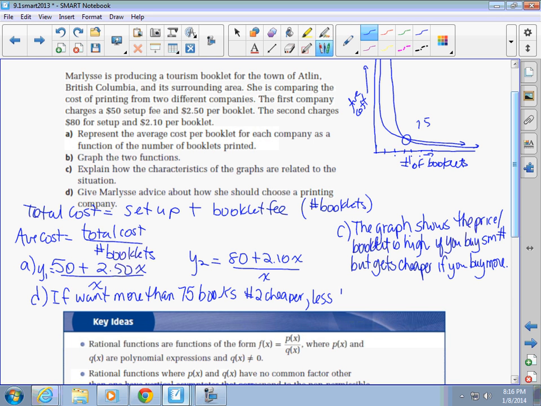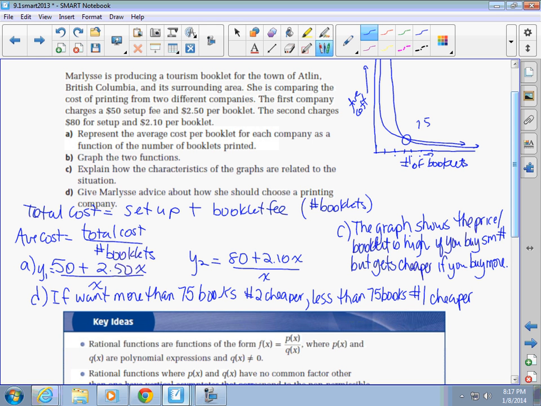If you want less than 75 books, company number 1 is cheaper as an average cost. So spending less on the setup fee and a little bit more per booklet is cheaper if you want less than 75 books. But if you want more than 75 books, then spending more on the setup fee and less per book is cheaper. And you could substitute numbers in there.